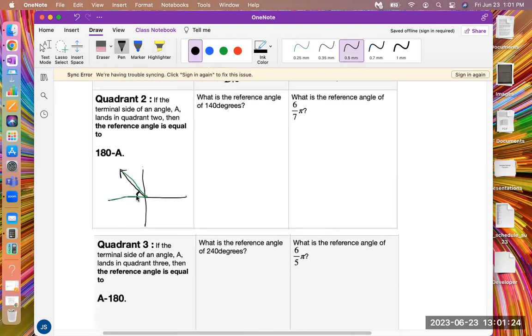This is the reference angle, so that's angle A.